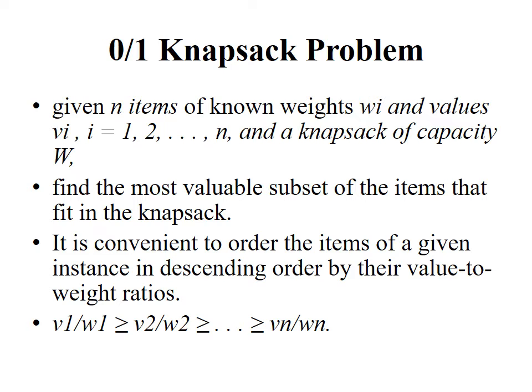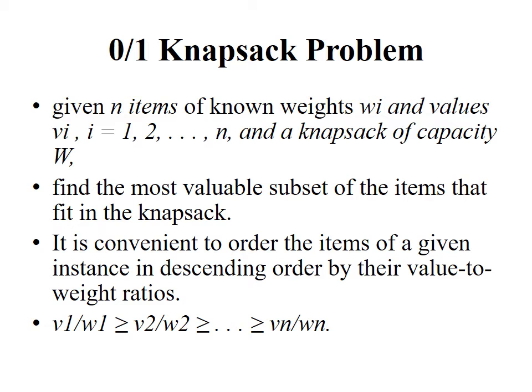Next we are going to see how the 0/1 knapsack problem will be solved by the branch and bound method. We already saw how to solve the 0/1 knapsack problem using dynamic programming and the fractional knapsack problem using the greedy method. Now we are going to see how the 0/1 knapsack problem will be solved by branch and bound. We already know that in a 0/1 knapsack problem we have n items with corresponding value and weight, and a knapsack capacity capital W. We have to find the most valuable subset of items that fit into the knapsack.